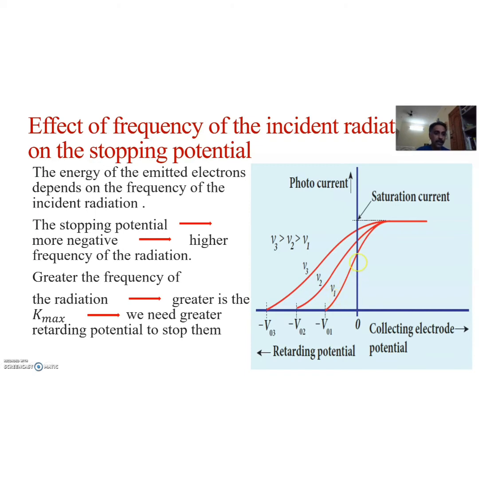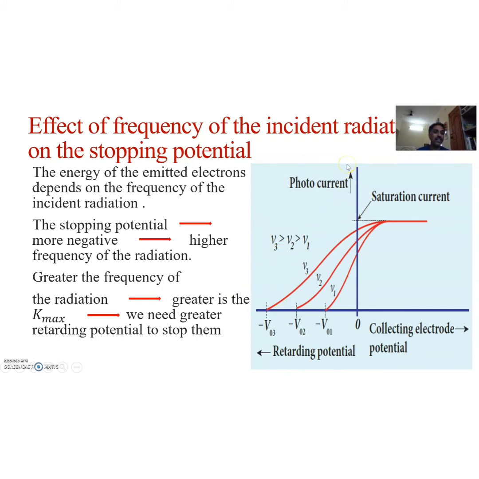Now they increased the frequency of the incident radiation and found that the saturation current was similar, but the curve took a slightly different path. As they decreased the positive potential, they found that the stopping potential was this one, V02.